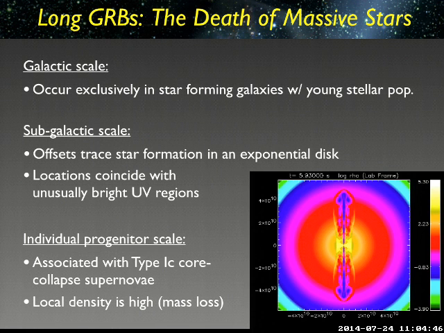And we also find that their local densities, on a scale of about a parsec, so this is the scale that's probed by the blast wave as it expands and produces the afterglow, the local density is relatively high. It's higher than the typical interstellar medium, and that is suggestive of mass loss from the progenitor stars. Okay, so that's the range of evidence.